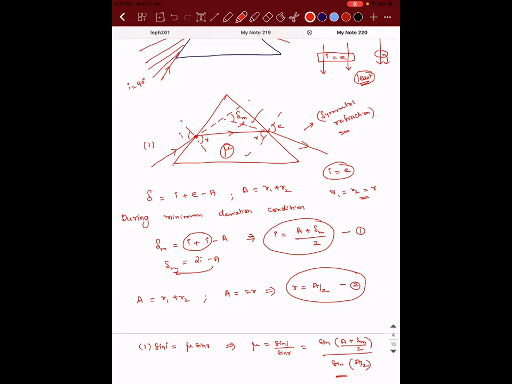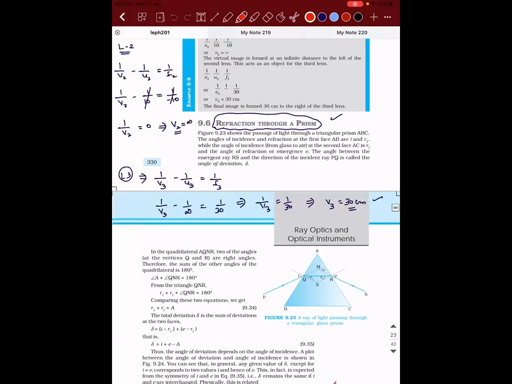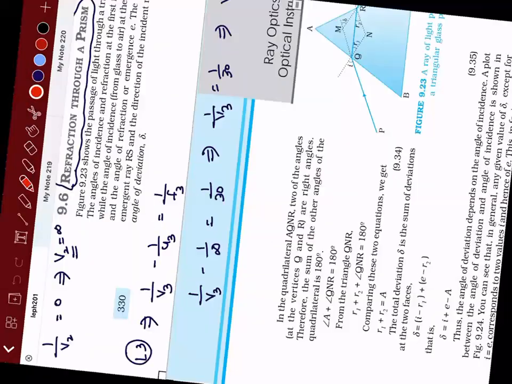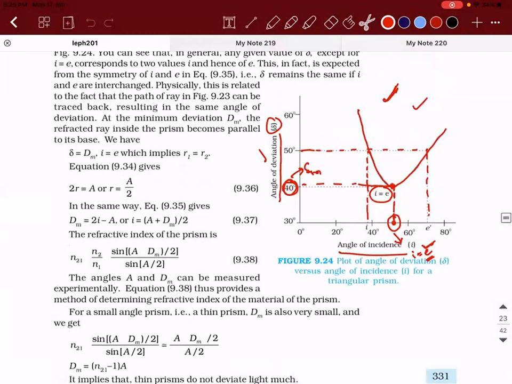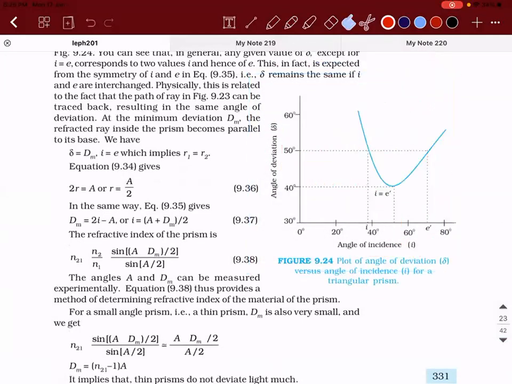So next concept that we are supposed to see is this graph. So when you plot the graph between the angle of deviation and the angle of incidence, the important thing that we can observe is, as the angle of incidence is increasing, the angle of deviation will keep decreasing.